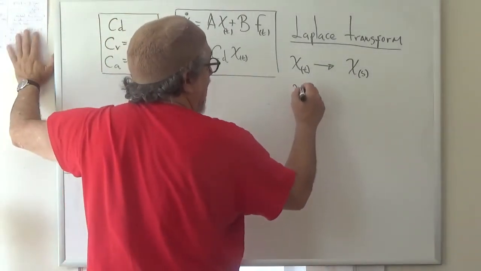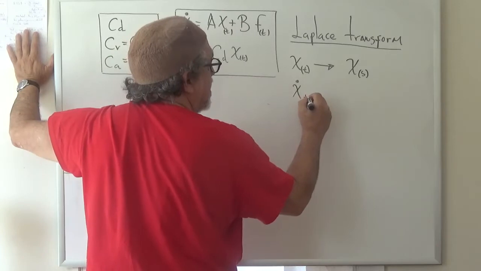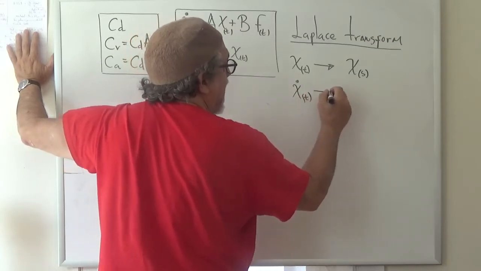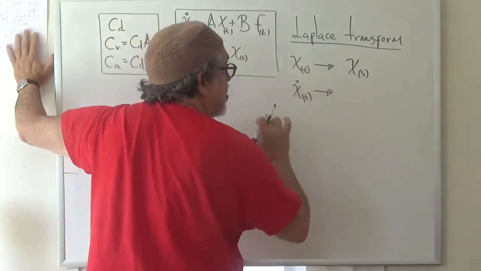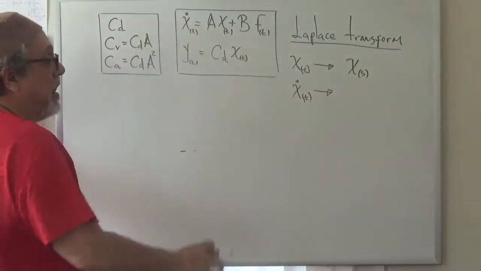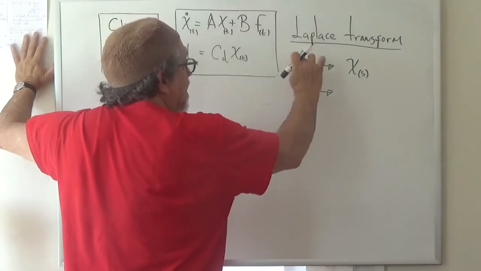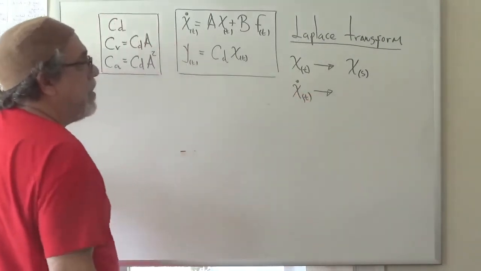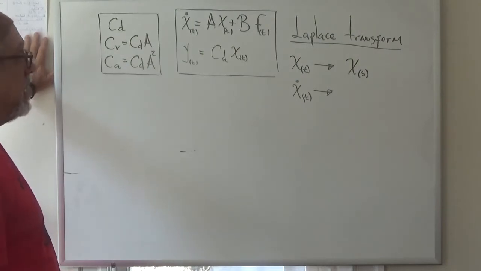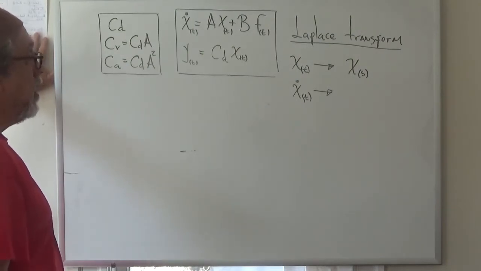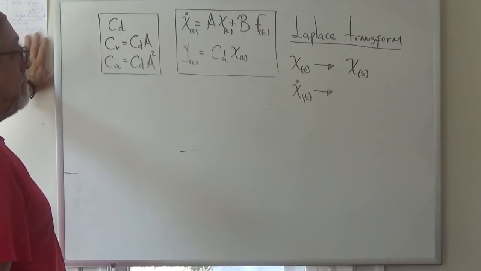Also, if we have x dot of t, and we take a Laplace transform, this requires that we assume that there are 0 initial conditions, that is, that this thing begins from 0 and this begins from 0, and we will accept that that's the case in our derivation to simplify.